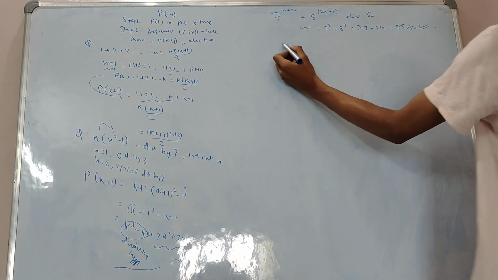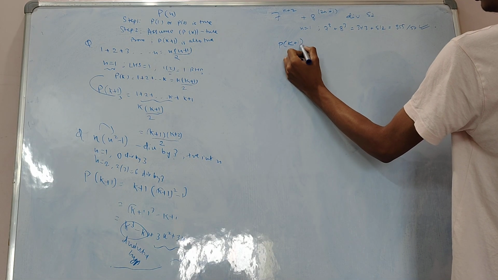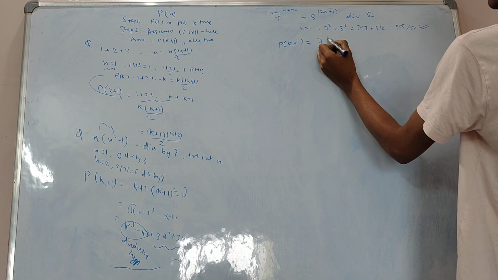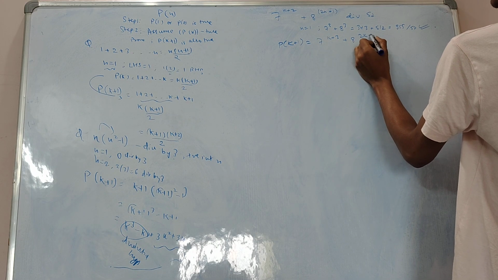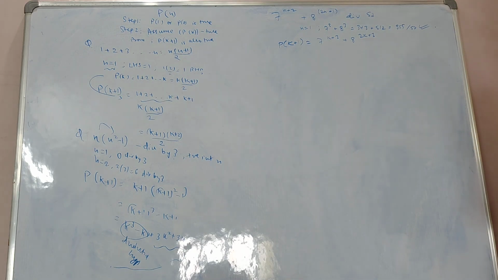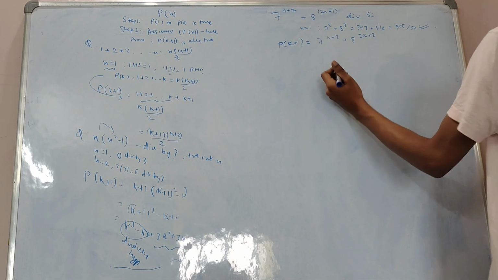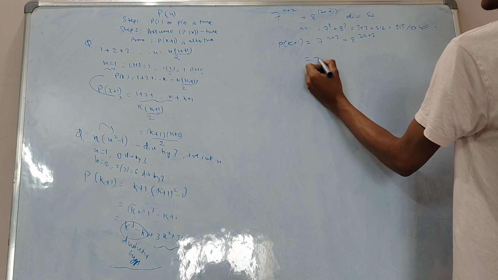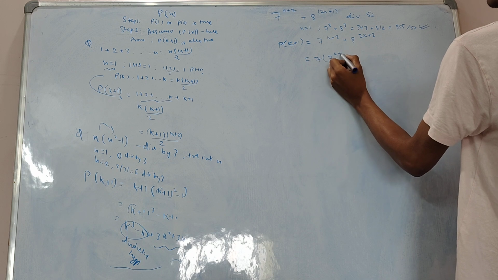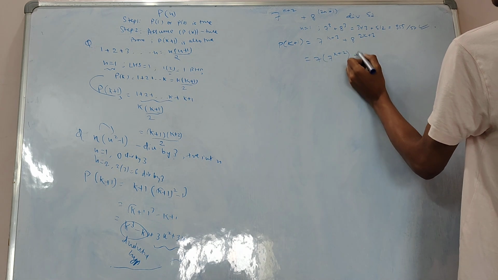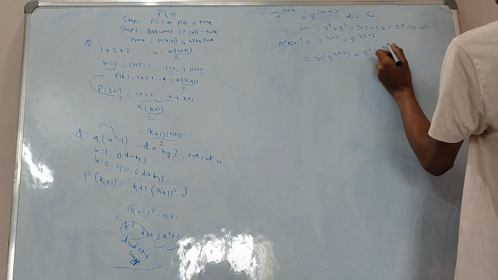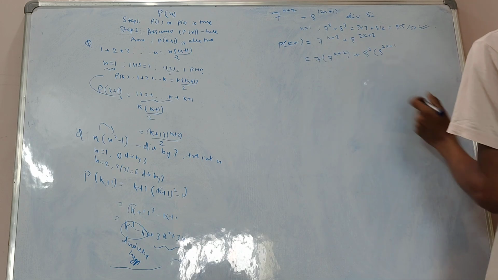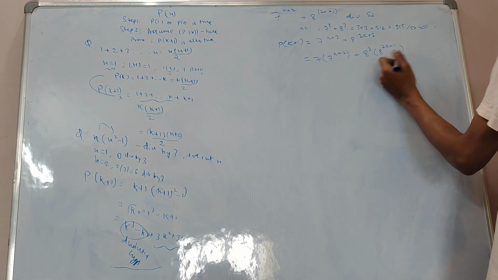Now P(k+1) will be 7^(k+3) plus 8^(2k+3), right? Now I will write this as 7 into 7^(k+2) plus 8² into 8^(2k+1).